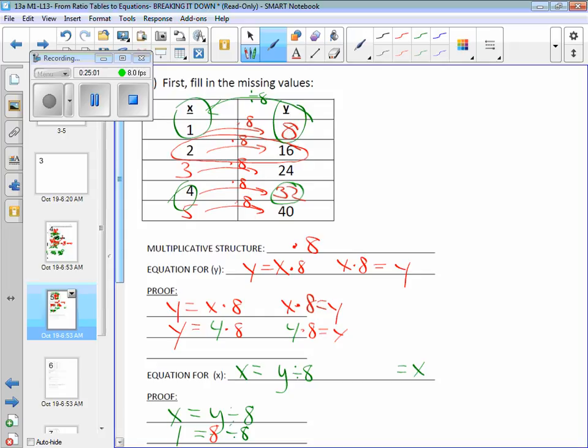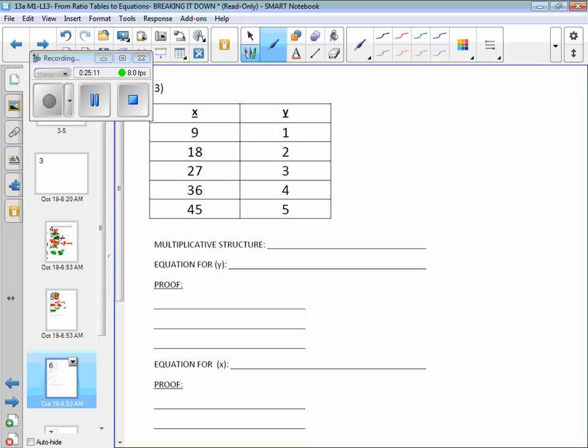I want to do one more together, and then those of you that are kind of ready to go on your own, I'll give you that freedom, but I want to do one more. Okay, let's go to the next page. I do want to do one of these because, and you'll see this in lesson 13, they get to this type of ratio table, where the numbers are going from big to small, before we had enough practice.